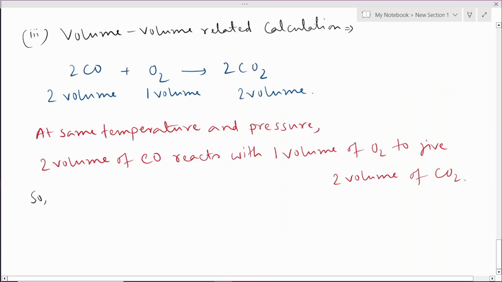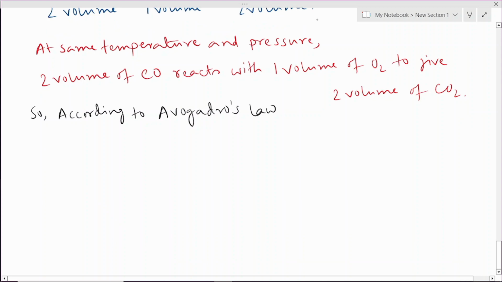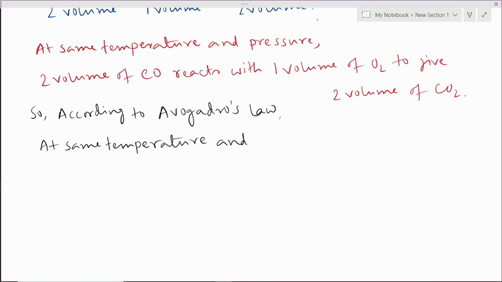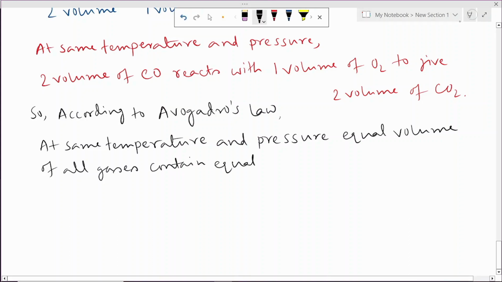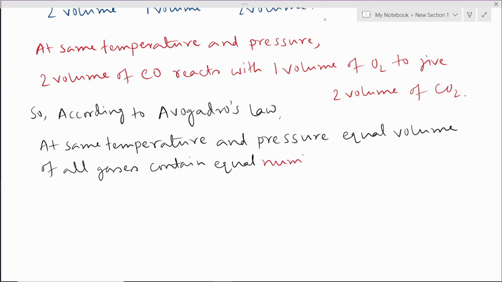According to Avogadro's law, we know that at the same temperature and pressure, equal volumes of all gases contain an equal number of molecules.